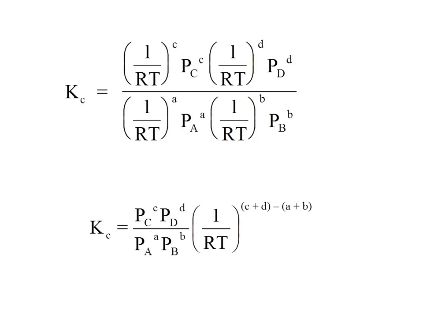So here are the partial pressures all gathered together: the partial pressure of each component raised to the coefficient that's in front of it in the chemical equilibrium. Over here we have the 1 over RT, and in order to mathematically make it right, if the exponent is in the numerator, it's actually added, and then from that, we subtract the sum of the exponents that are in the denominator.